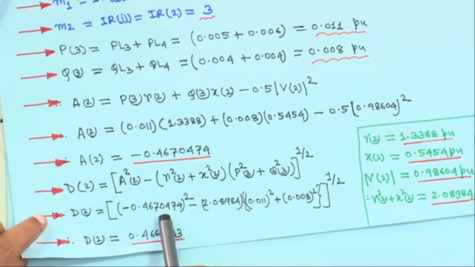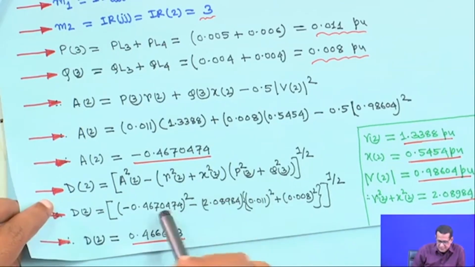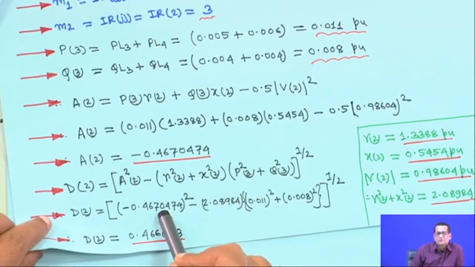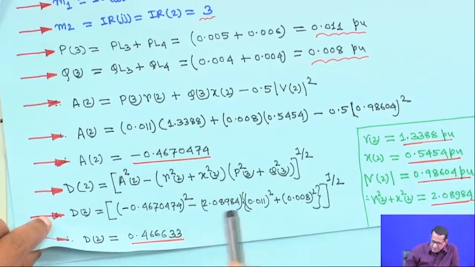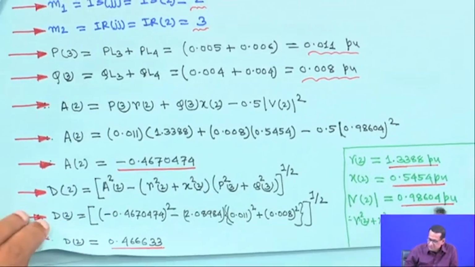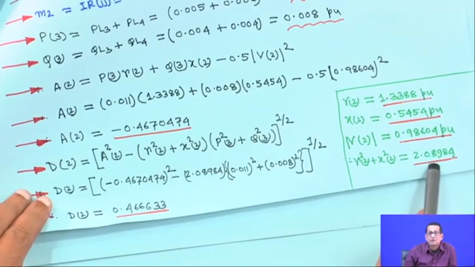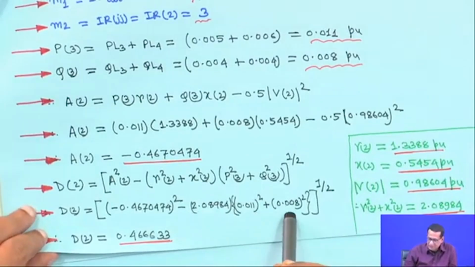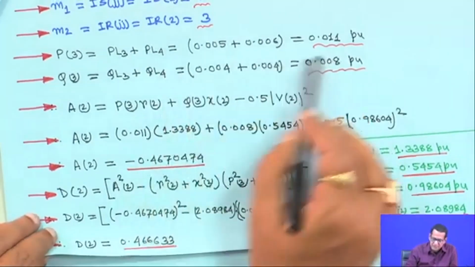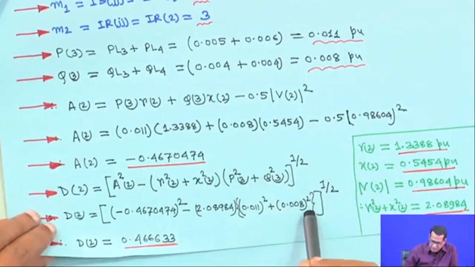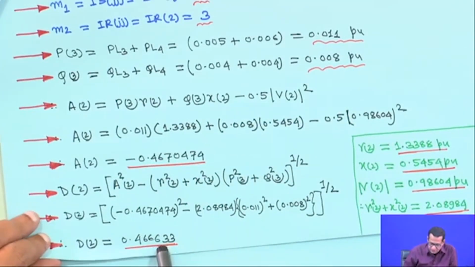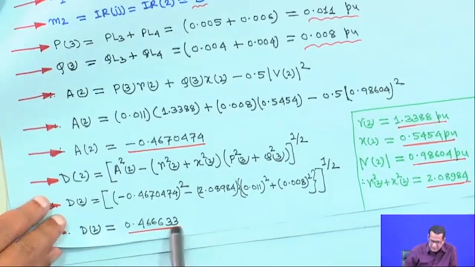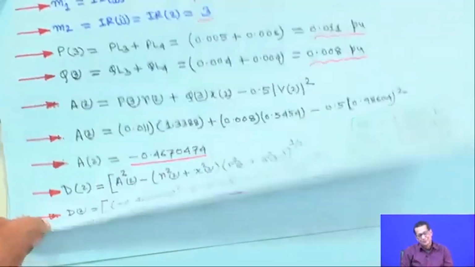When you do the assignment or example, you will take only up to 3 or 4 decimals, not more than that. R2 square plus X2 square in per unit I have computed here. So, substitute, and it is P3 square plus Q3 square. P3 is given, Q3 is initially given. So, D2 will be 0.466633. This is D2.